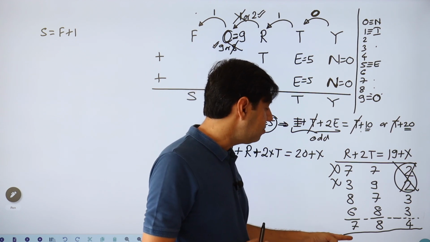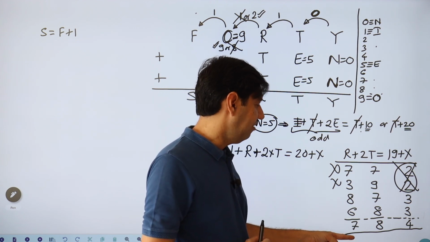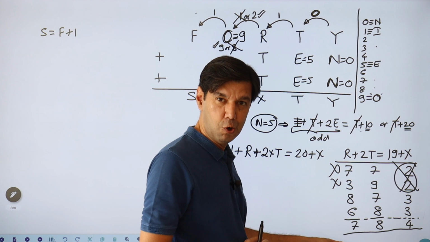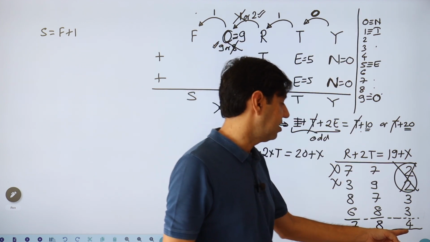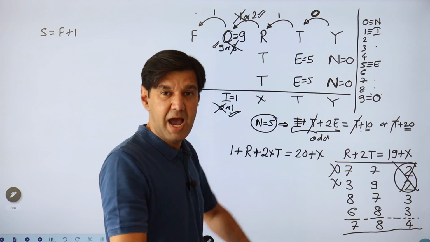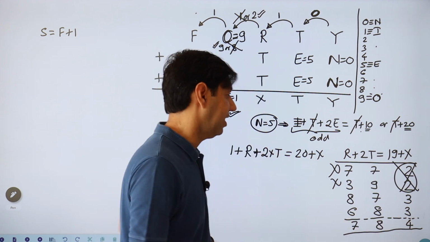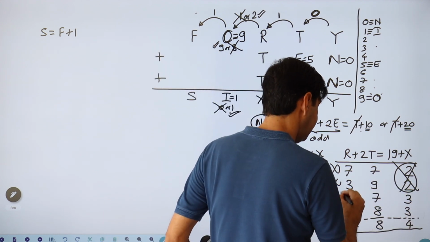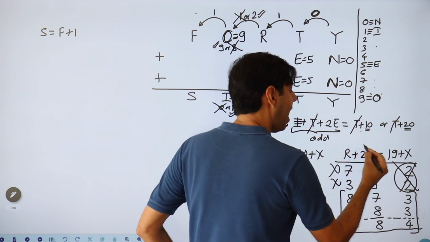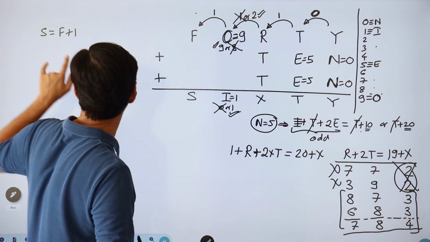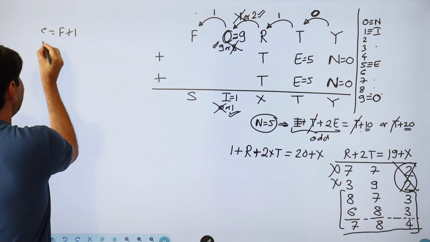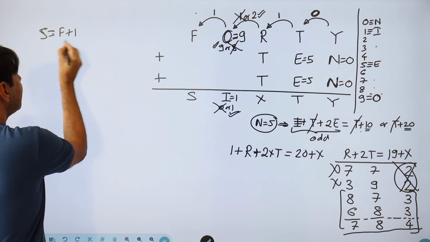And if you reduce it from 7 lower down, this will go up more than 9. Not possible. So this can't be a 6 also. And hence it can't be 7, 8, nothing else. So these are the possibilities that we have for R, T and X. However, remember you also have S and F as consecutive numbers.